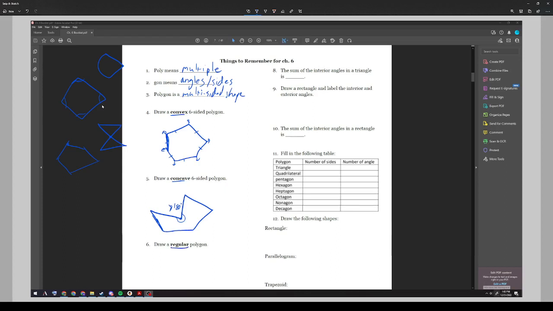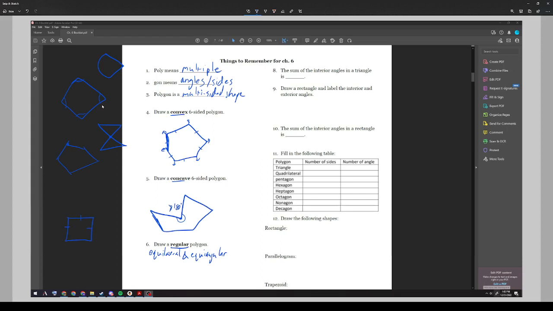Regular, remember, means that all the sides and all the angles are the same, so equilateral and equiangular. We know that for triangles, that's an equilateral triangle, but remember that polygons of any size can be regular. So our regular four-sided shape is a square.